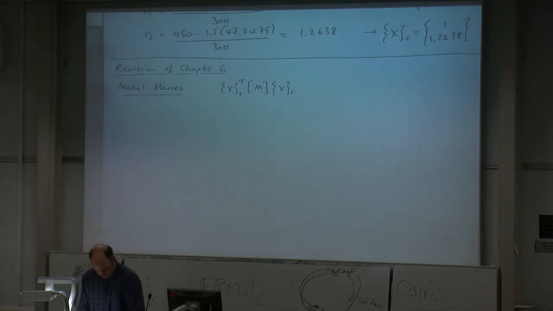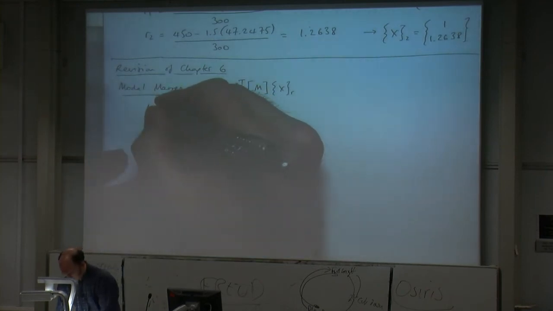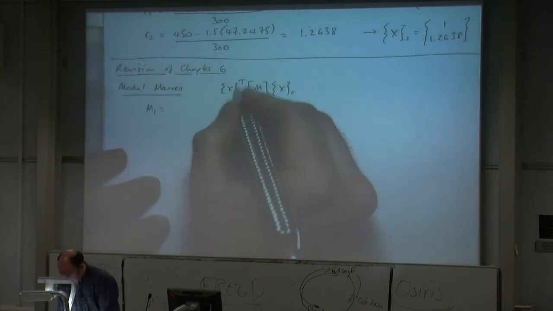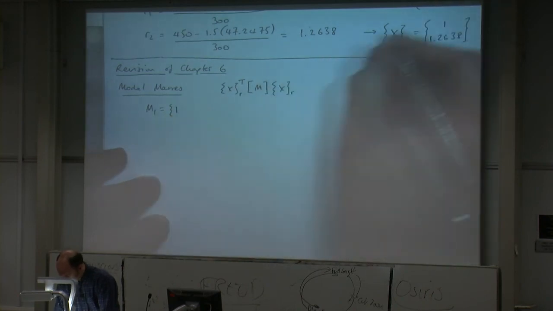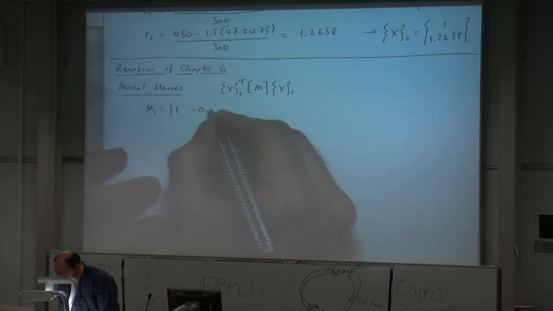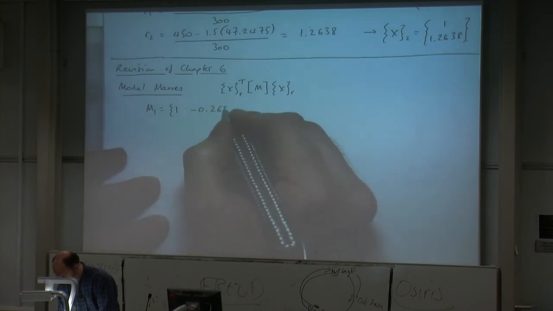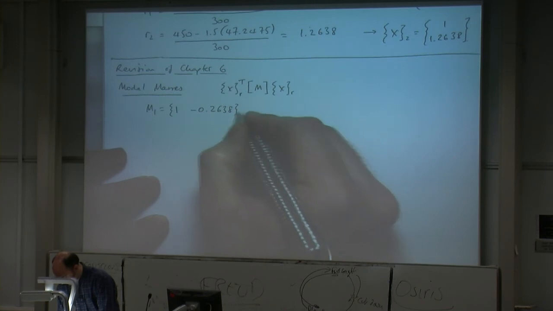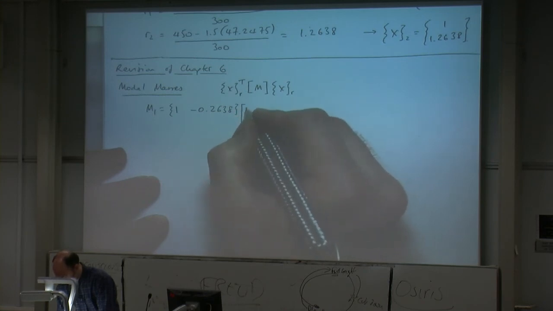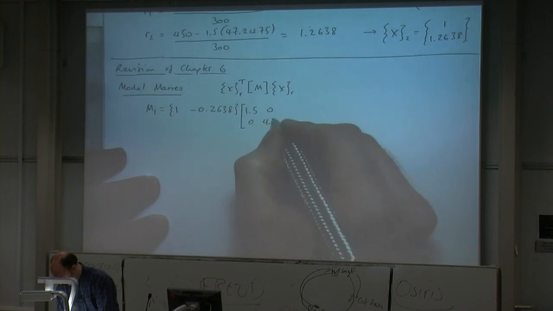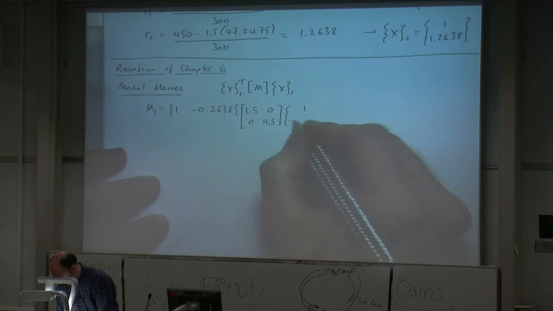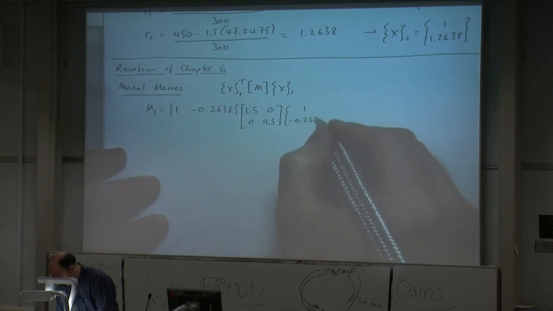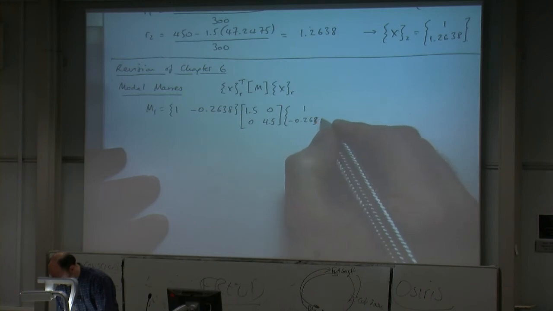So M1: that's the first mode, which we've got up here, but it's been transposed, so we have it written out like this, times our mass matrix. This is 1.5, 0, 0, and 4.5. And then we write the mode shape as it's written up there, 1, minus 0.2638.